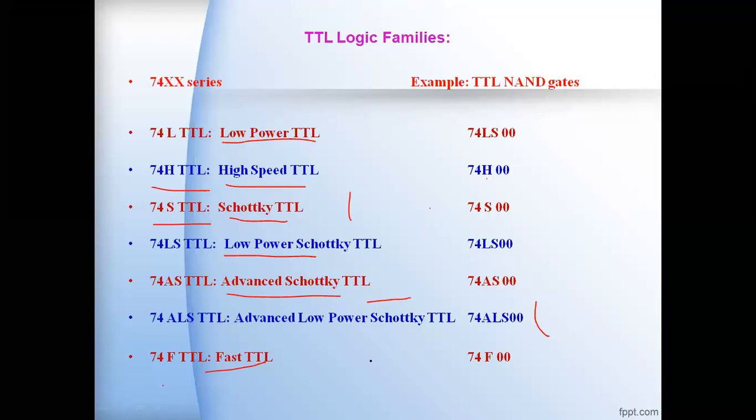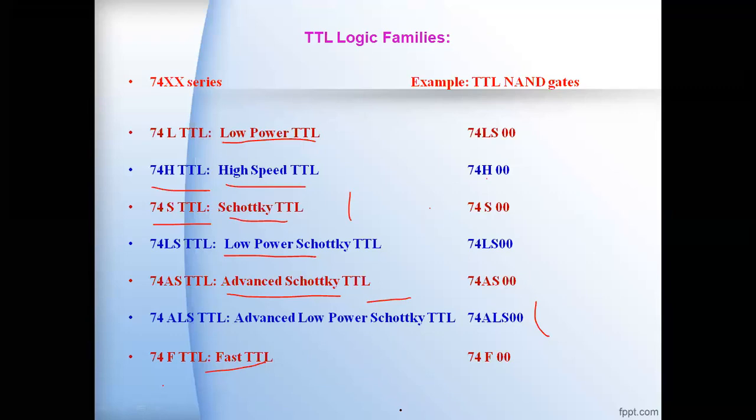So the 74F TTL is the fast TTL. For this 74F TTL, the average propagation delay is 3 nanoseconds and the power consumption is 6 milliwatts. So this is the recent one that we are using at present.